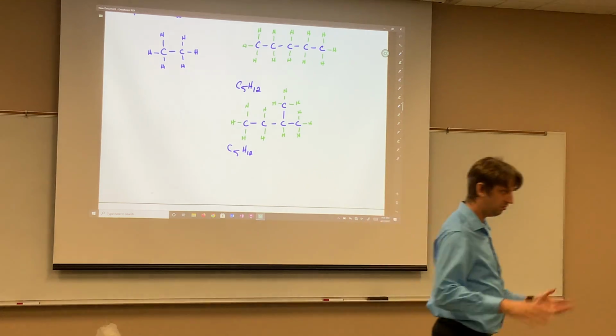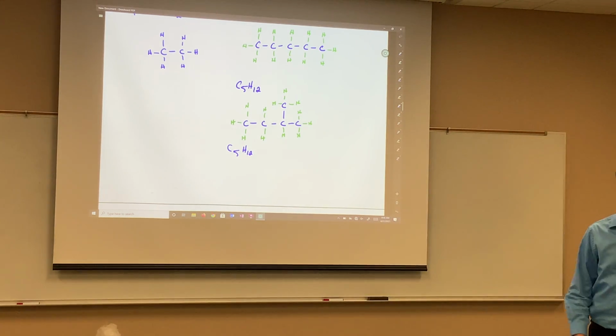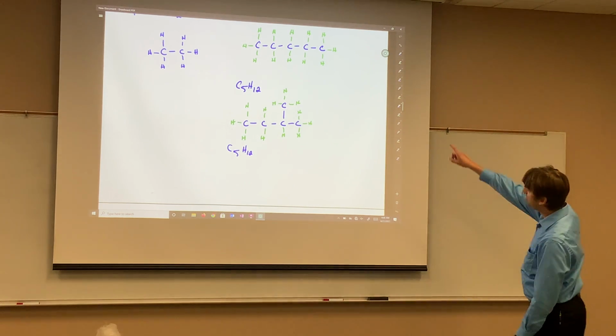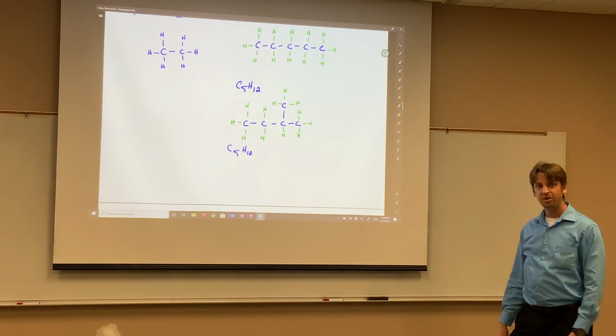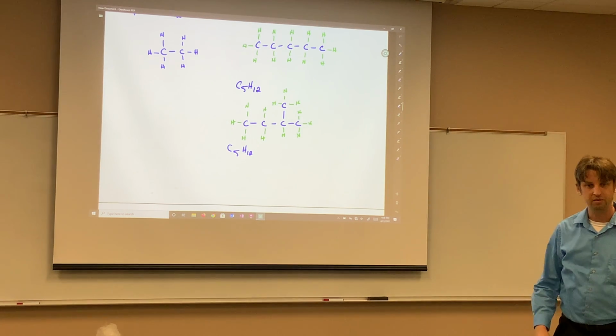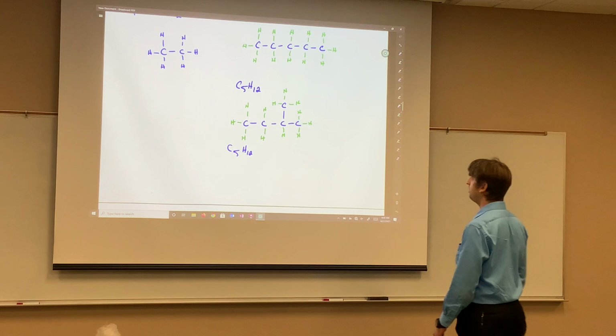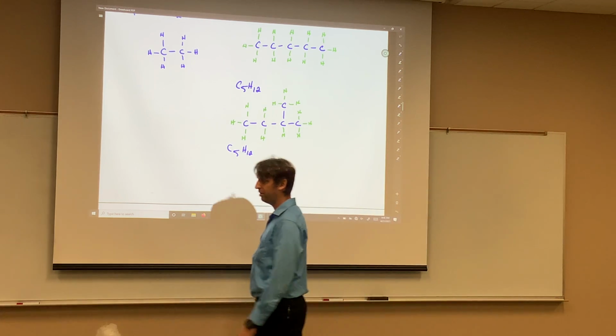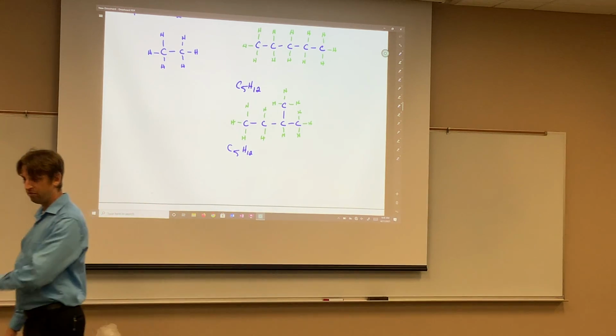What do you think we can do for the third one? What did we end up doing? We took one of the CH3 groups at the end and moved it back to another carbon, right? So see if you guys can come up with something similar here, but be careful.